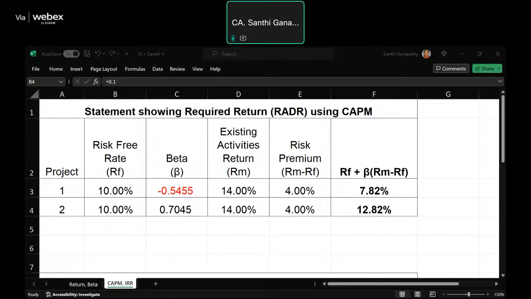So we need to find net present value and internal rate of return. We are interested in using net present value and IRR.